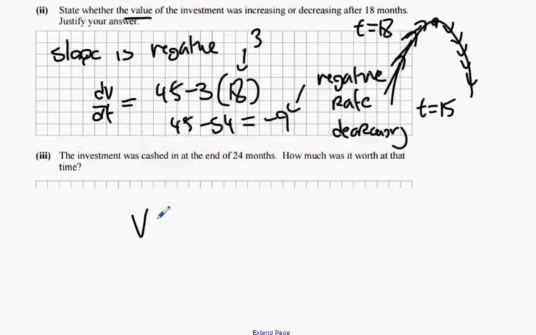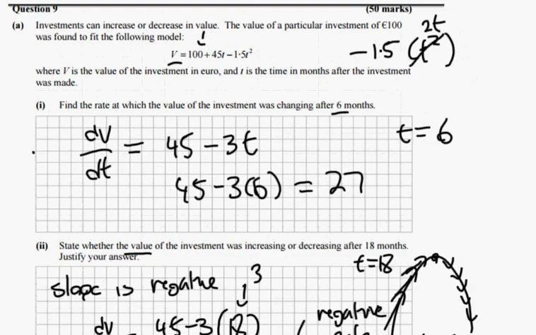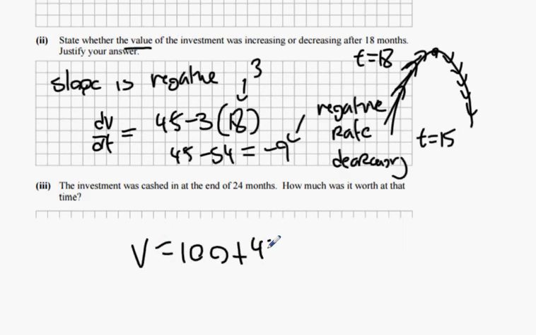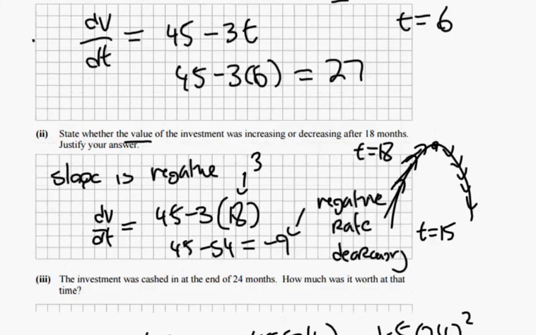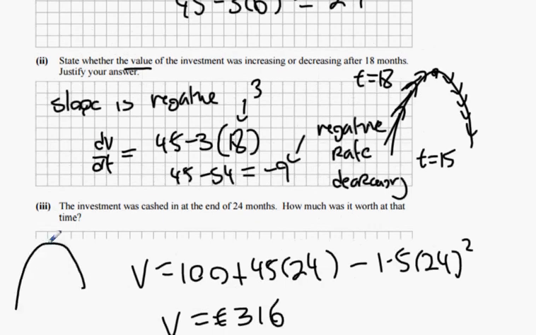So phi equals 100 plus 45 times 24 minus 1.5 times 24 squared. I guarantee you that's 316 when you put it in. Your investment is worth €316. Remember, N-shaped curve. Goes up, hits its max, comes back down again.